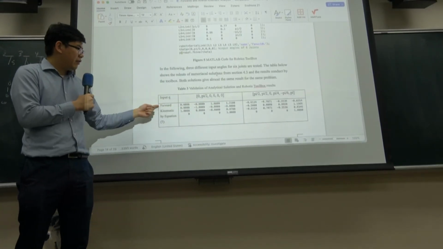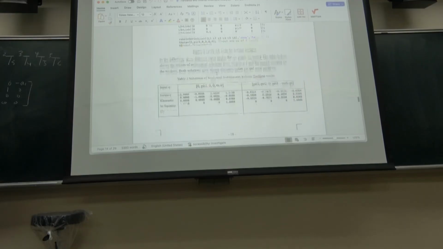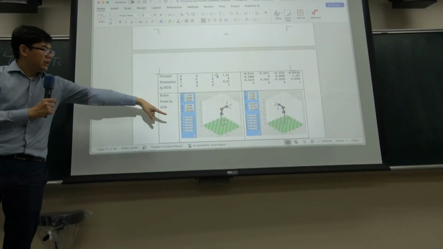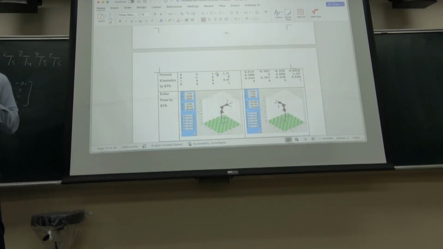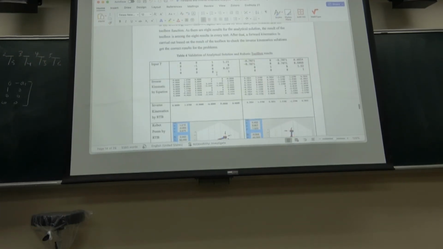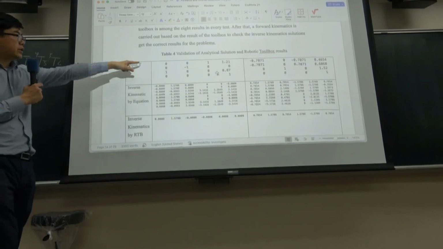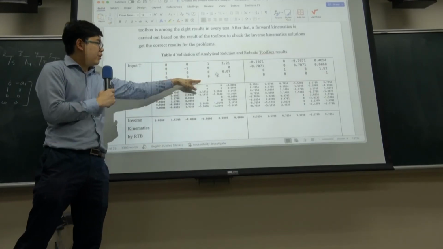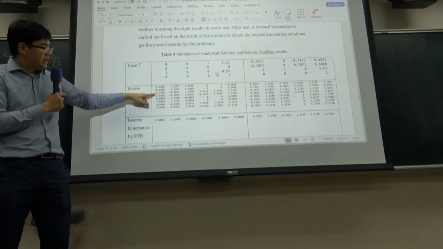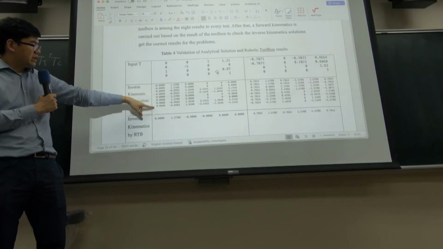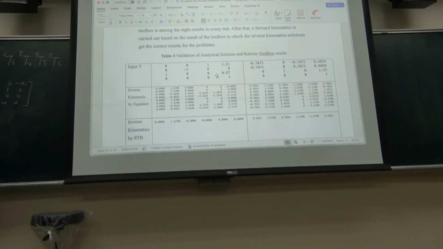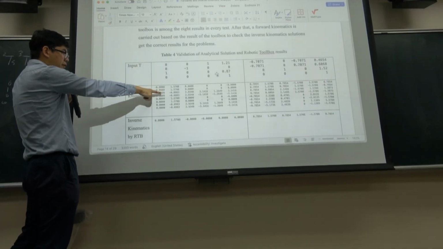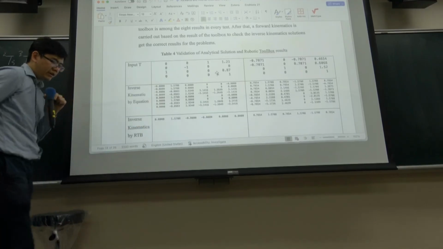And you can verify it if you input a set of joints, and this is the transformation matrix generated by the forward kinematics. And this is the robot configuration. You input the forward configuration, the transformation matrix over here, and you can generate the 8 sets of inverse kinematic solutions. Then you can compare whether the input from before is a solution over here.